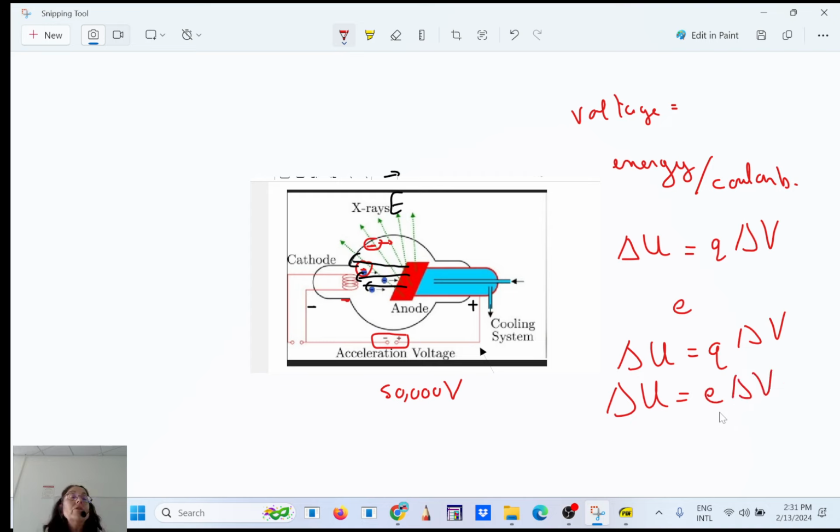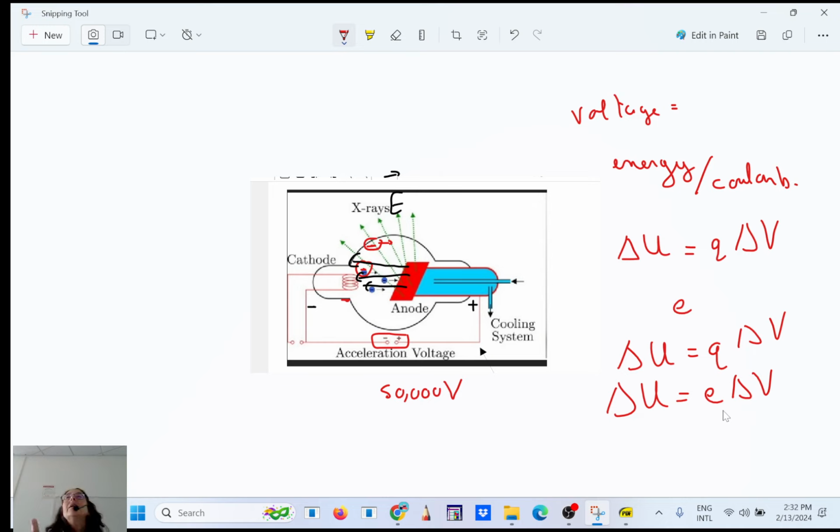So that will be a unit. We're going to get back to that, but that will be a unit of energy. So if you have a battery of 1.5 volt, the energy is what? 1.5 joule per coulomb. And if you have one electron, it will be 1.5 eV.